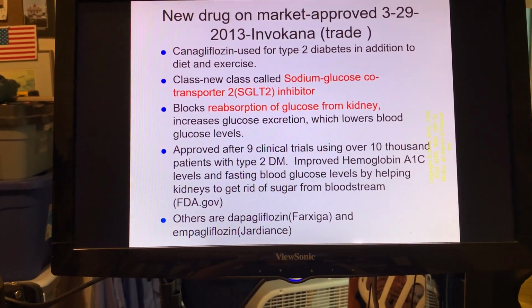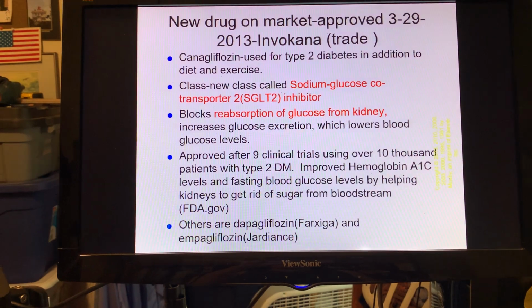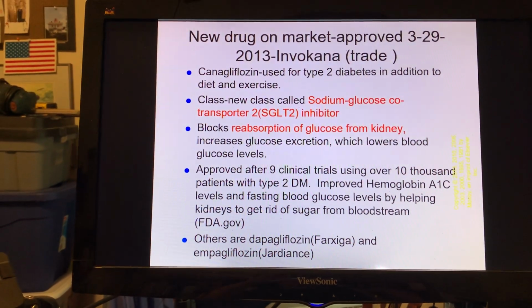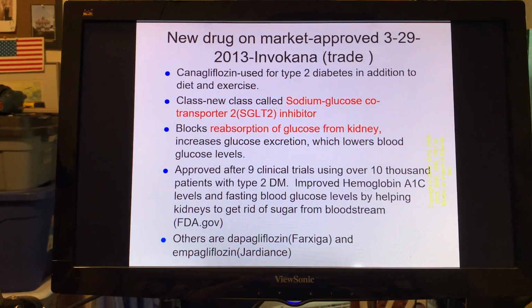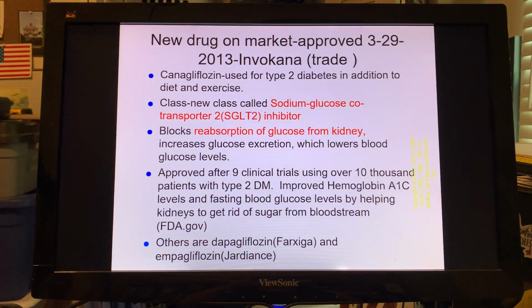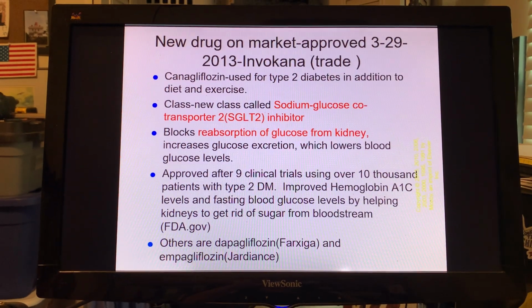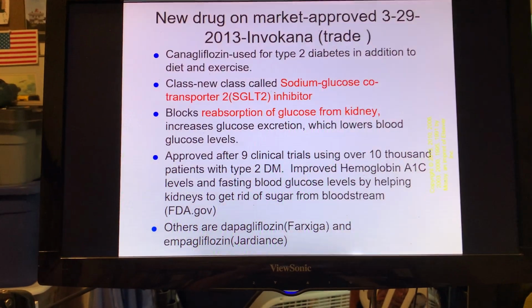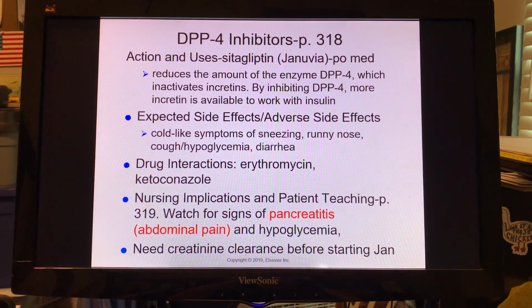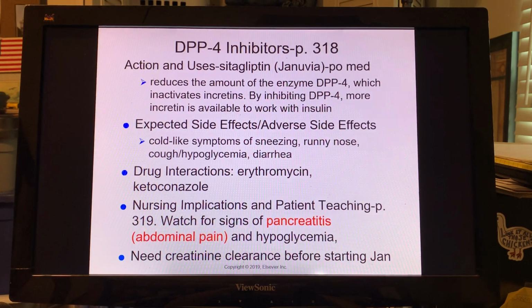It improved people's fasting blood glucoses just by making the kidneys get rid of sugar from the bloodstream. And I got that from the FDA site. There's some other types that you probably hear them advertising on TV. Farxiga, I've heard of that, and then Jardiance. And they all make you get rid of sugar through your urine. So they're pretty effective.